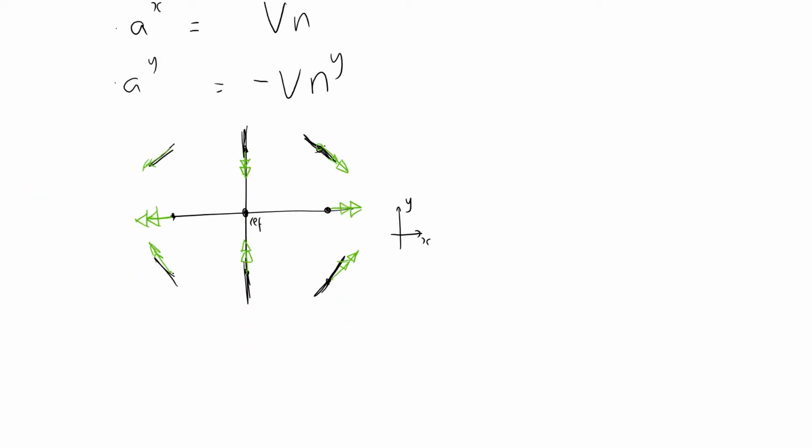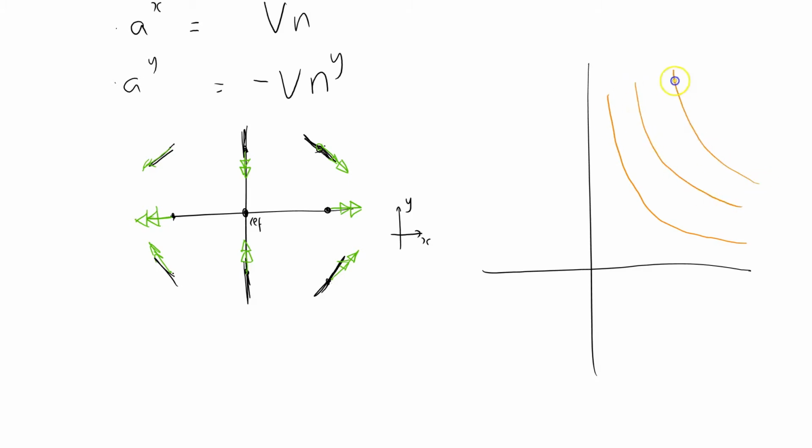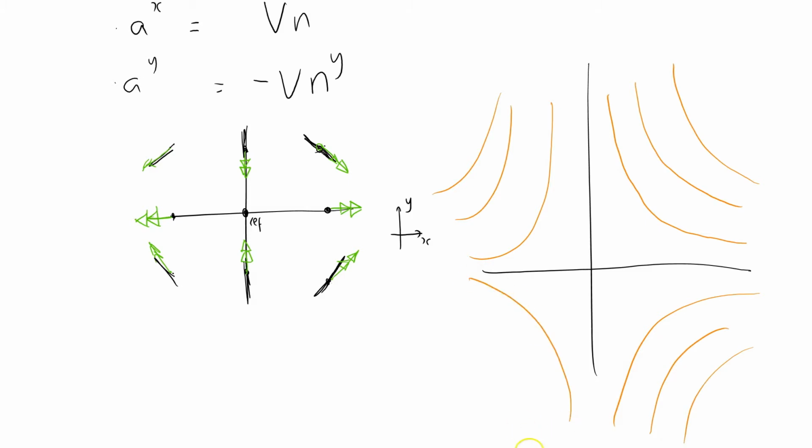If you build up a little pattern of what it looks like, it's pretty clear. I'll draw it in orange. We've got this nice set of lines like that, which correspond to the motion of free particles. The acceleration of a free particle at this point is oscillating around a line which is tangential to my orange contour lines here, up and down. It goes like this. There we go.